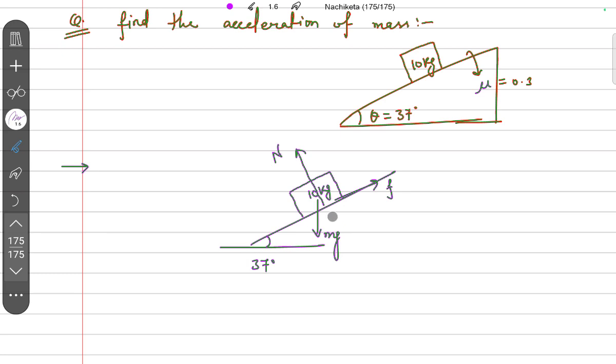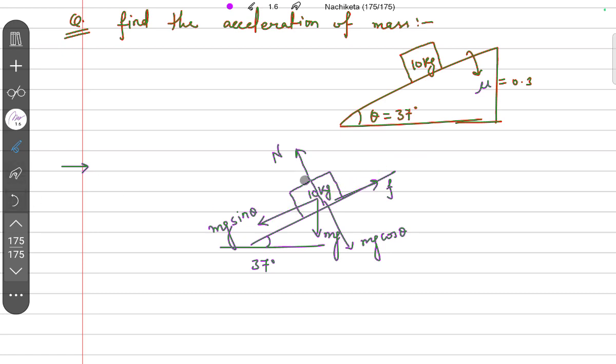Okay. So now components of forces will be like mg sin theta. Here it is going to be mg cos theta. So if there is any acceleration, it will be along the incline.